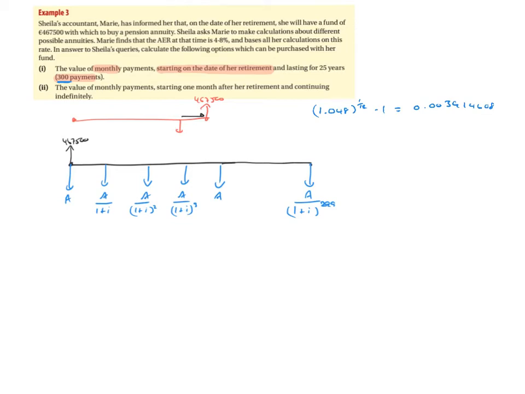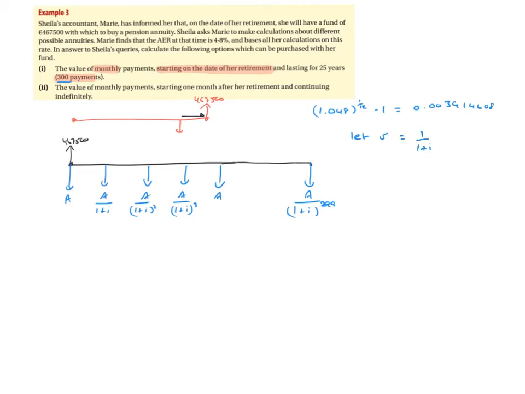Now, we did a little trick last time where we said, okay, we'll let v equal something just to make the formation of the geometric progression easier. So we're going to say we'll let v equal 1 over 1 plus i here. You can put that into your calculator, guys, and save it to one of the memory buttons.